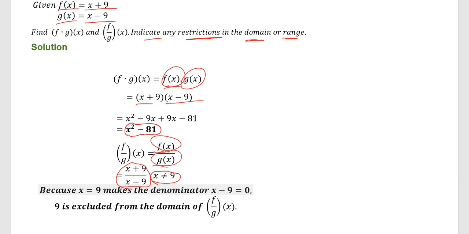Okay, so 9 is excluded from the domain of f over g of x. Why is that? Because 9 would make the denominator equal to 0, and any value making the denominator 0 should be excluded from the solution set. Okay, so this whole thing is the solution: x plus 9 divided by x minus 9, and x is not equal to 9.